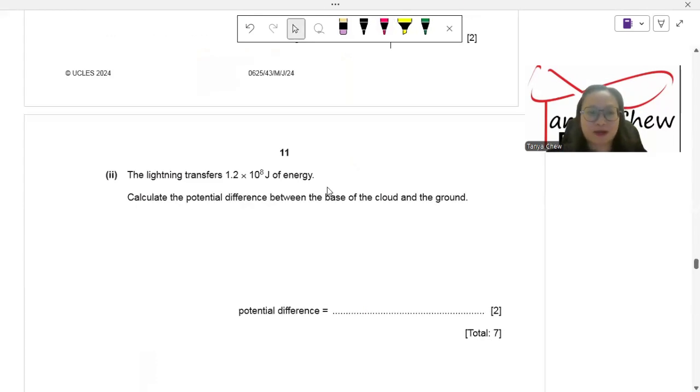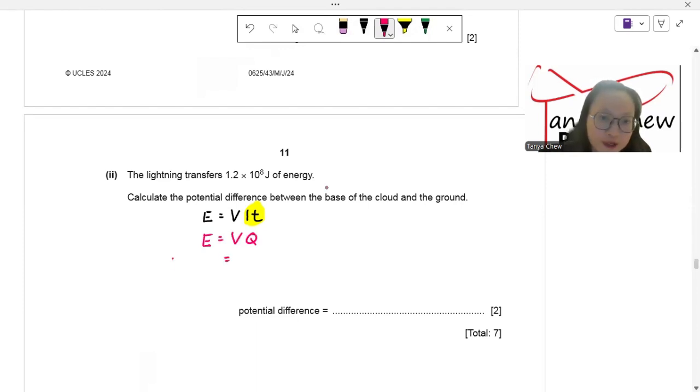The next one, the lightning transfers 1.2 times 10 to the power 8 joules of energy. Calculate the potential difference between the base of the cloud and the ground. I am using energy E = VIt. It is actually representing Q, so I just replace it with E = VQ.